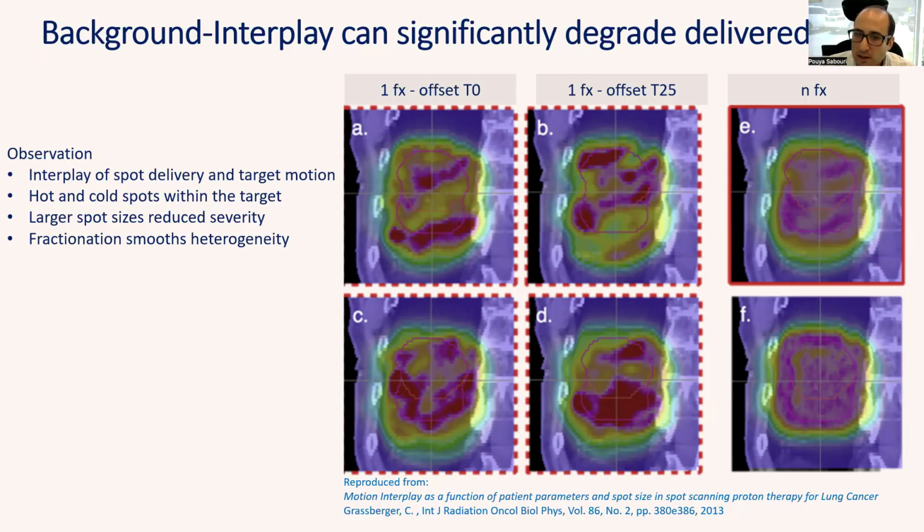In panels E to F, after multiple fractionations, dose uniformity does improve significantly and converges to the planned dose, demonstrating the smoothing effect that's associated with the temporal averaging of multiple deliveries. However, if you still look, there are residual heterogeneities that can still be observed.